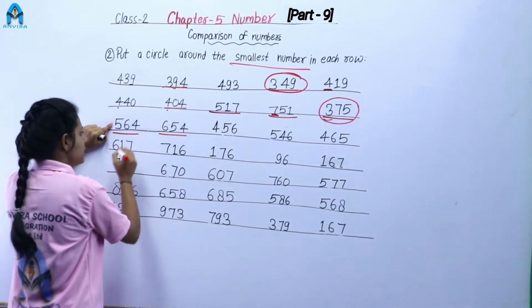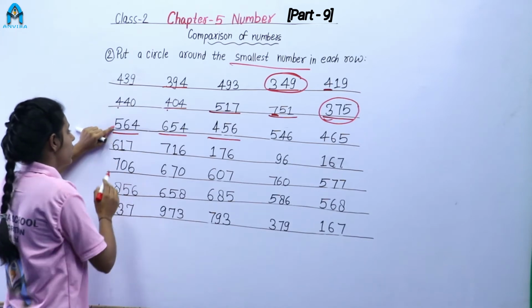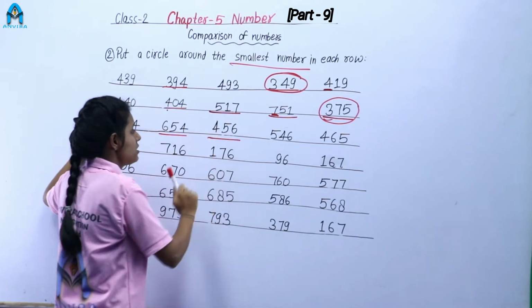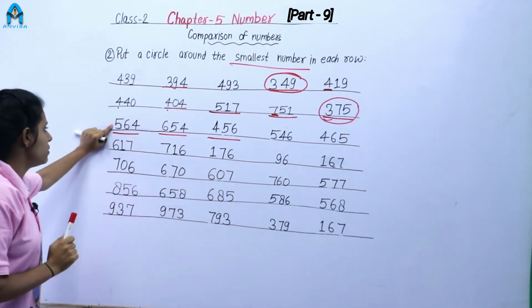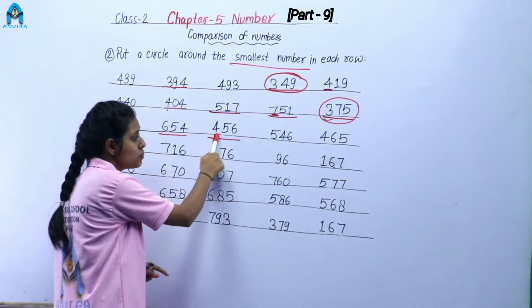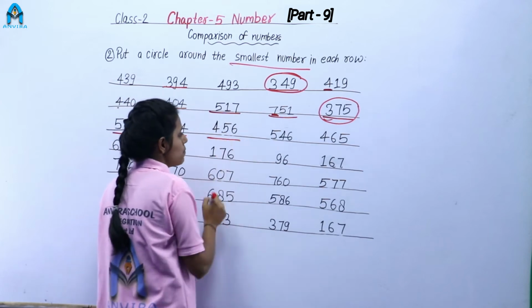Now compare this and this. On the hundreds place, here is 5 and here is 4. So tell me, which is smallest? Yes, 4 is smallest. So now we compare with this number.